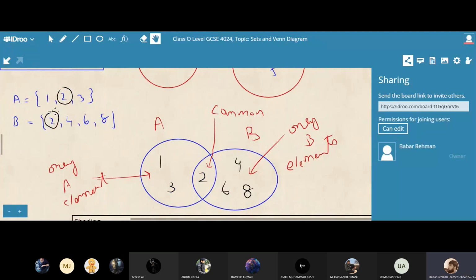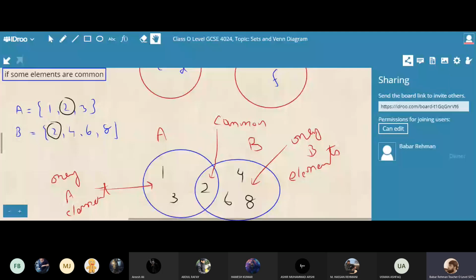What is common in these two sets? 2 is the common element. So in this case, when some elements are common, we draw a diagram which is overlapped. These two circles are overlapped, and the overlap is in between.